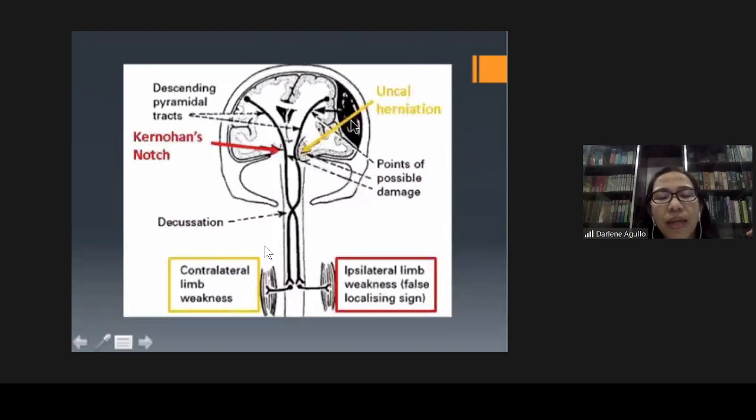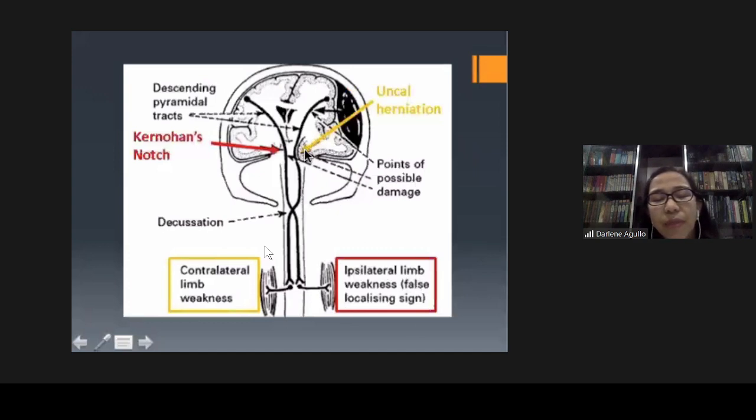Why? So andito yung lesion mo, for example, sa left, yung weakness mo, ini-expect mo contralateral sa right kasi di ba yung cerebral hemisphere, pag andito yung lesion, opposite or contralateral limb weakness. Pero meron kang ipsilateral limb weakness.